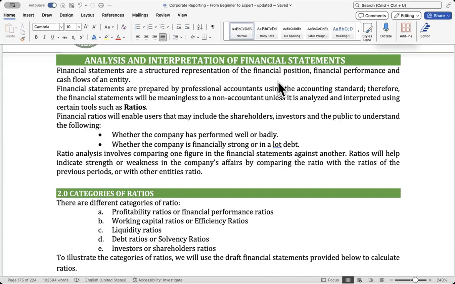So good evening. What we have in front of us today is a 20% part of our syllabus regarding analysis and interpretation of financial statements. The approach for tonight would be, I would just run through the ratios.